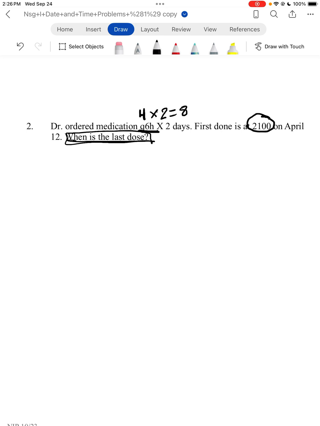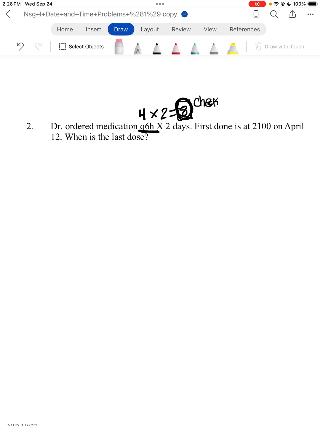Okay, now this means we are going to need 8 checks. So if you don't have 8 checks, that is not correct, because you will always end up with 8 checks. Okay, now let's start.